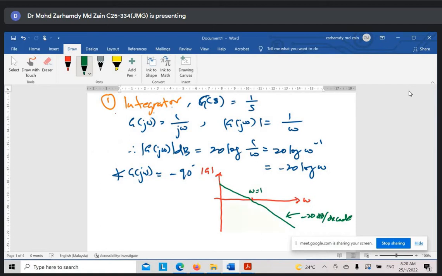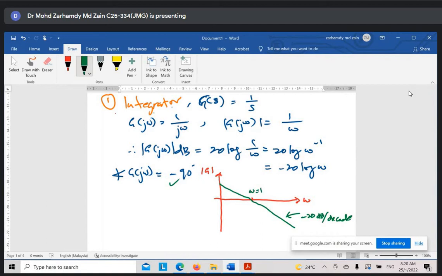This is the concept of the integrator. The phase is negative 90, and the integrator line will go with a negative gradient, where the value of the gradient is negative 20, passing through omega equal to 1. This is the integrator.